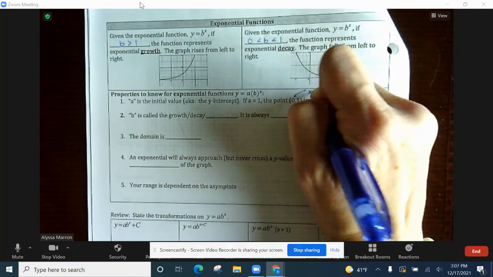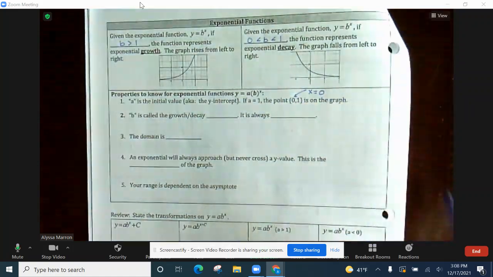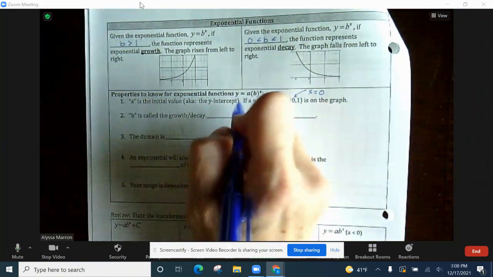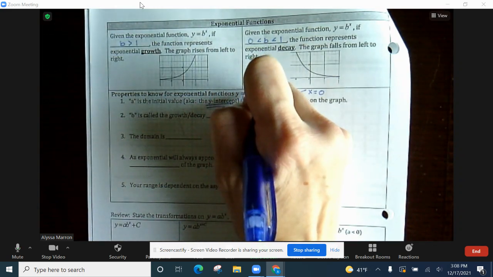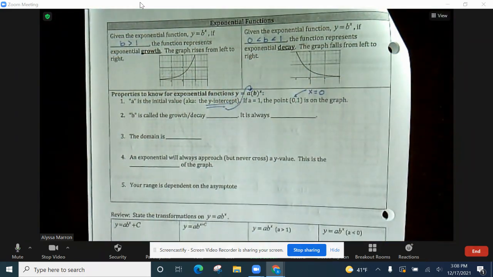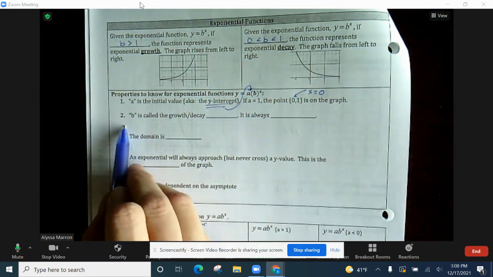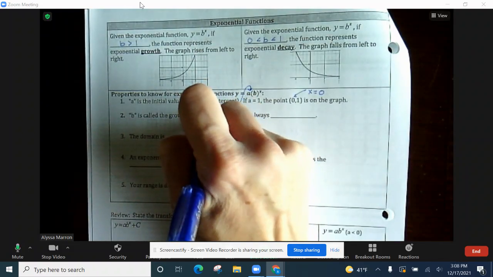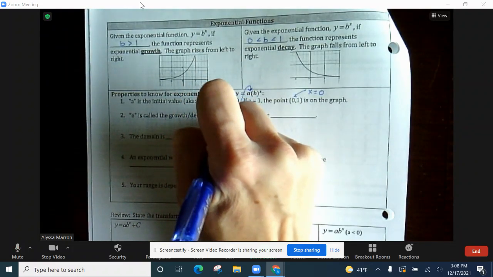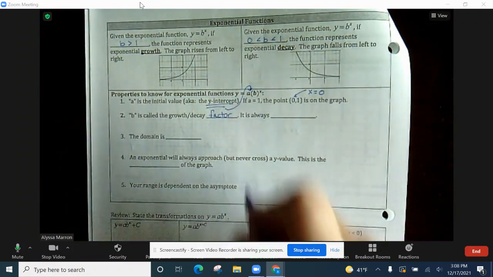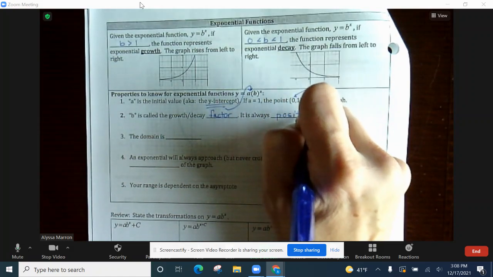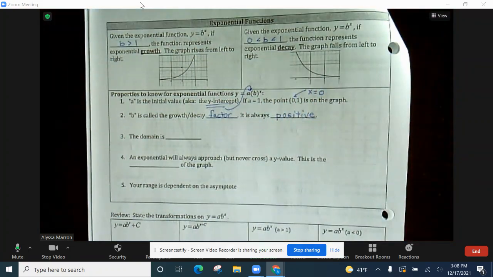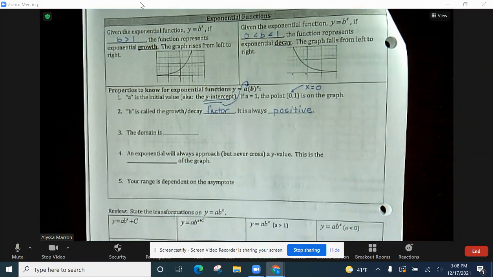So x will always equal 0 when we're looking at that y-intercept. So our y-intercept here, that's our a value. And then b, which is your base, is called the growth or decay factor, depending on that value of b, but it'll always be positive. If it's negative, we no longer have an exponential function.